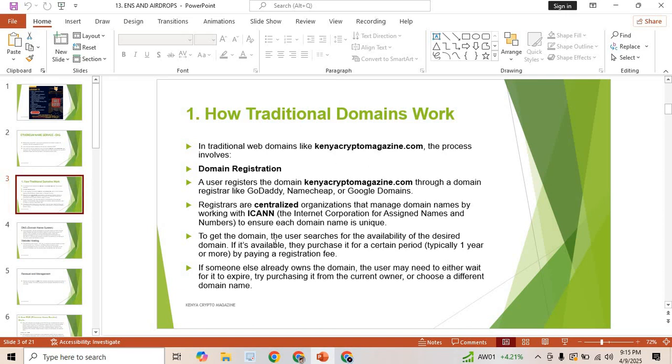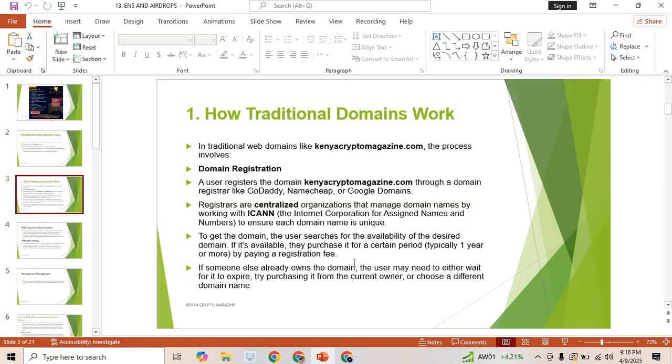So to get the domain, the user searches for the availability of the desired domain. If it is available, they purchase it for a certain period of time, typically 1 year or more, by paying a registration fee. For example, I have subscribed to that domain name, kenyacryptomagazine.com, meaning that it will be unavailable for 1 year. So if my 1 year lapses, I bought it in September, date 9.